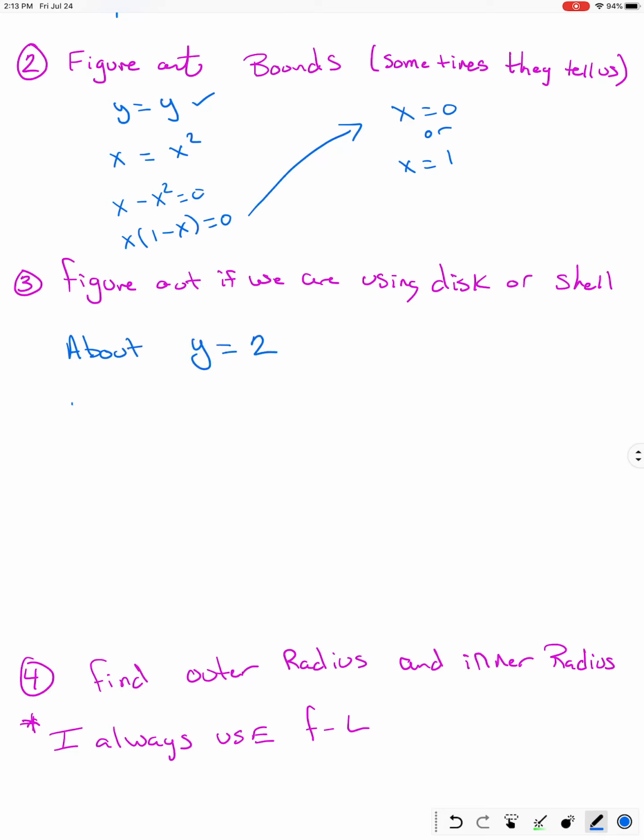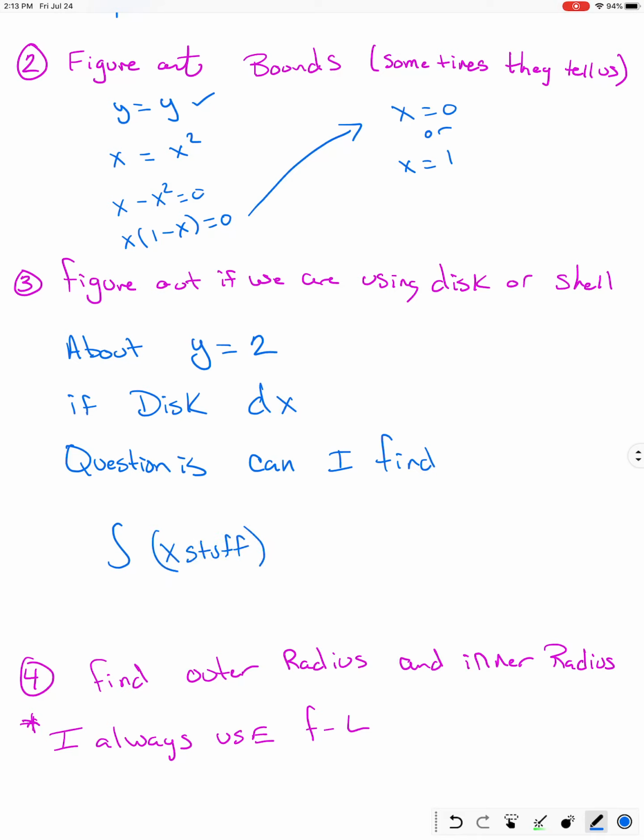Okay? So if I use the disk, I would be doing dx. I'm going to do the opposite with a disk. So the question I need to ask: can I find an integral with x stuff and then dx?